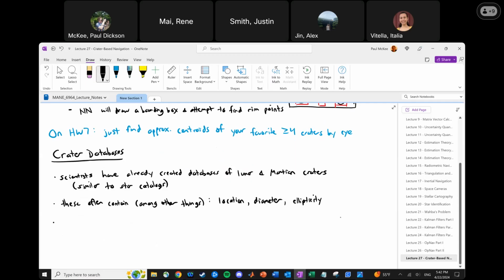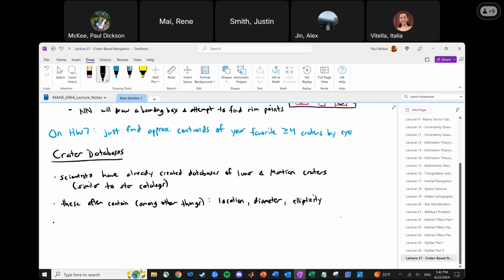Now, in much the same way that there are, for all practical purposes, an infinite number of stars in the sky, but we really only need the bright ones to navigate, it's the same deal here. There's probably a finite number of craters on the moon. If you were infinitely long-lived and bored and wanted to go to the moon and count all of them, you could do it.